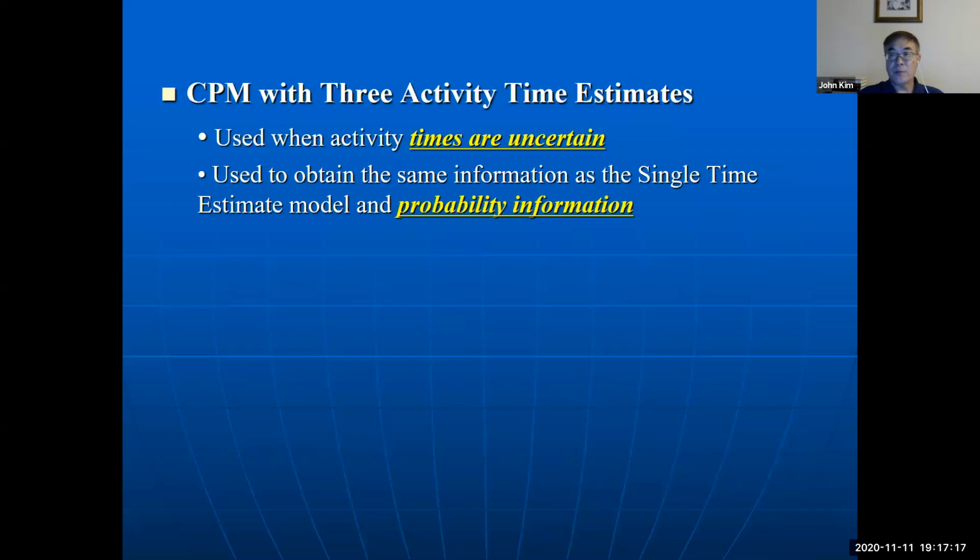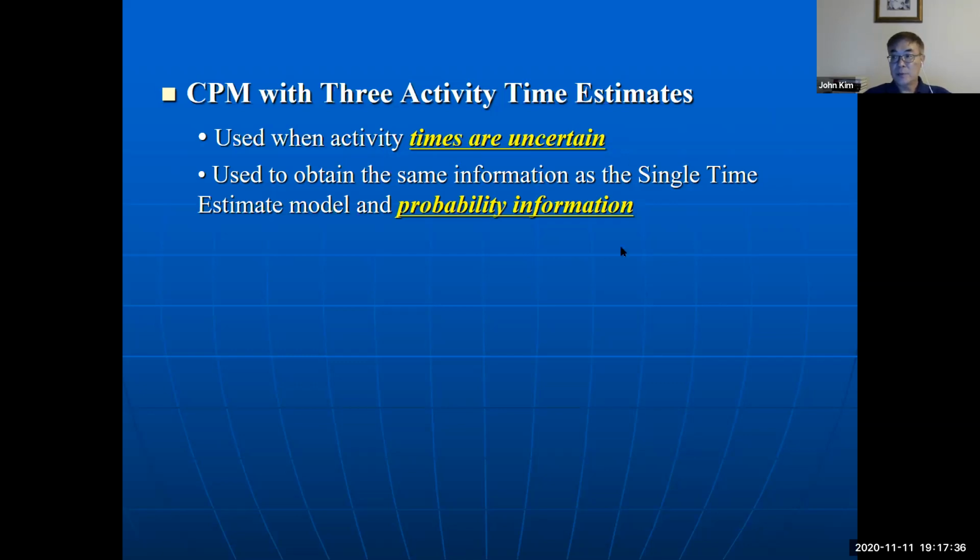And next one is critical path with 3 activity time estimates. In the real world, activity times are not certain. Sometimes shorter, sometimes longer, and so on.